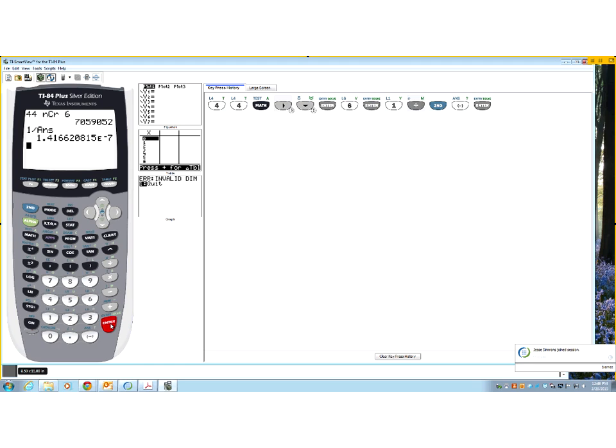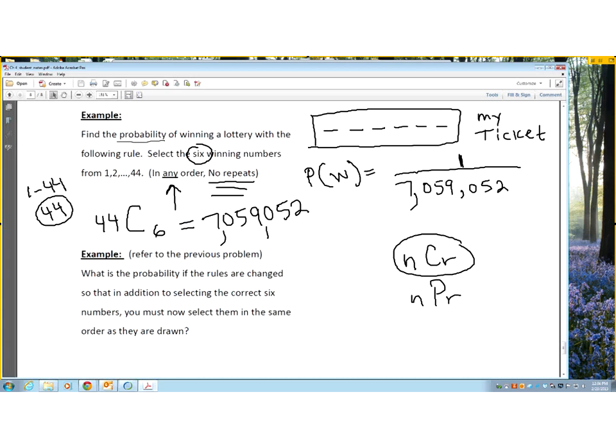And there it is. So it's the probability. You have a numerator and denominator, so write it in scientific notation or as a decimal. It looks like it's 1.42 times 10 to the negative 7.